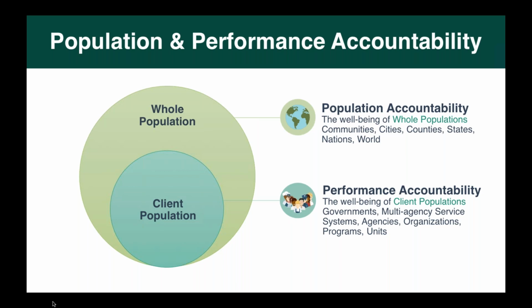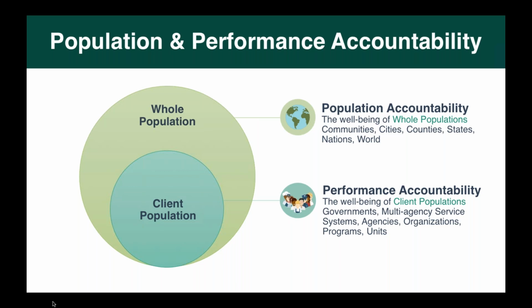And we don't want to make the mistake of assigning accountability for the well-being of a whole population to any single program or agency, right? Because that doesn't make sense. It's never going to be the case that a single program or agency or organization can be or should be solely accountable for these conditions of well-being for whole populations in communities, states, nations, etc.